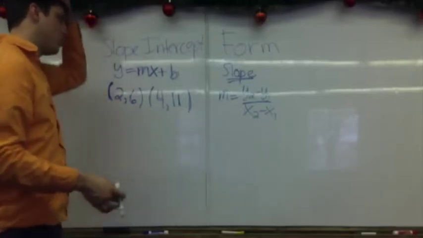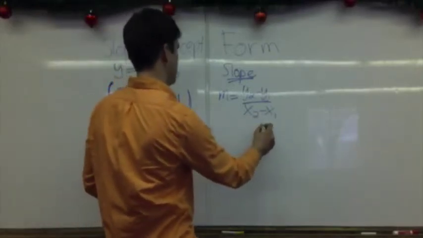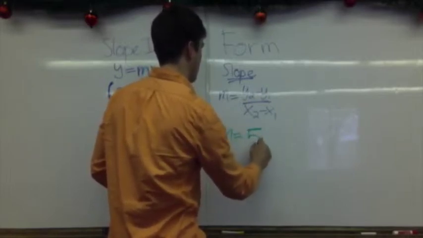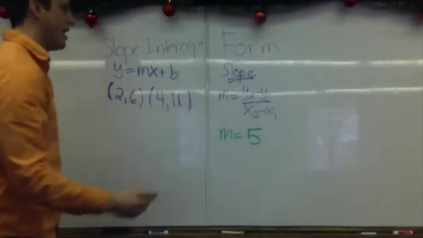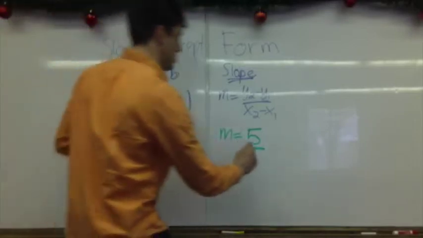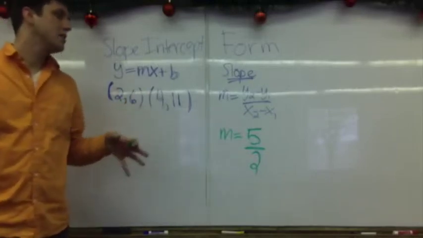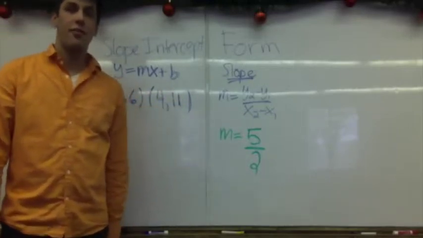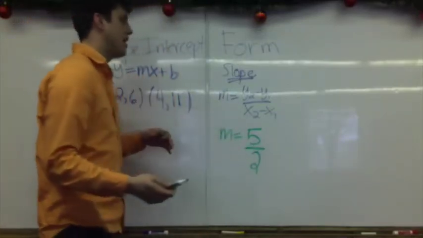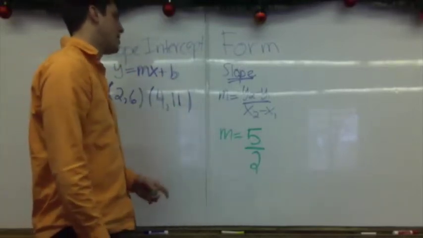That'll be 11 minus 6, which is 5. Then that is divided by the difference of your x's, 4 minus 2. So your rise over run is 5 divided by 2, and that fraction can't be simplified, but we can change it into 2.5, but I'll leave it as 5 over 2 for now. So that's our m value.